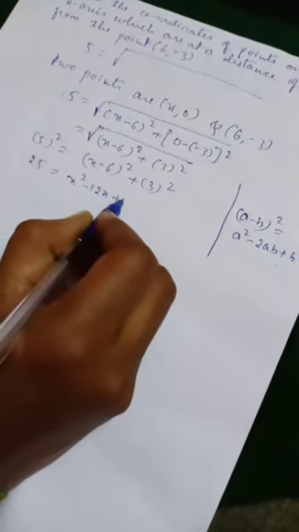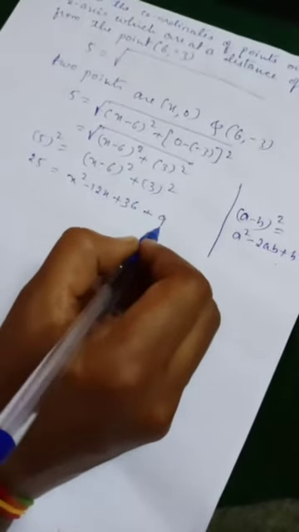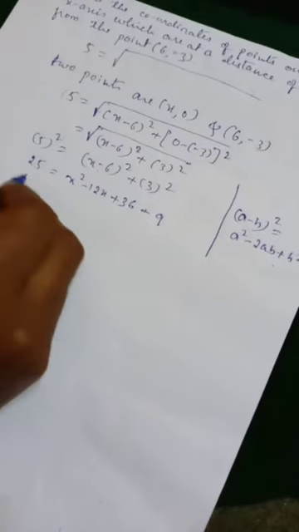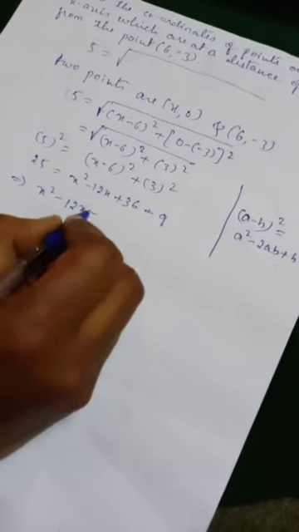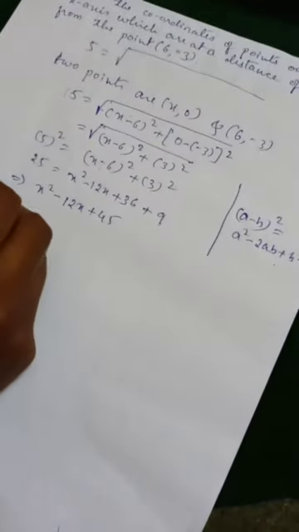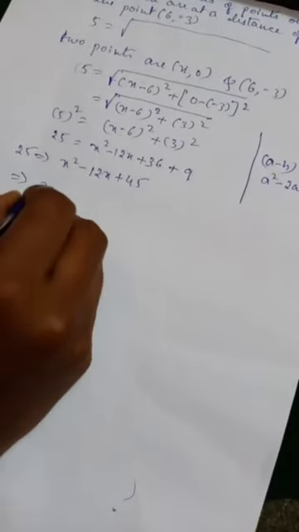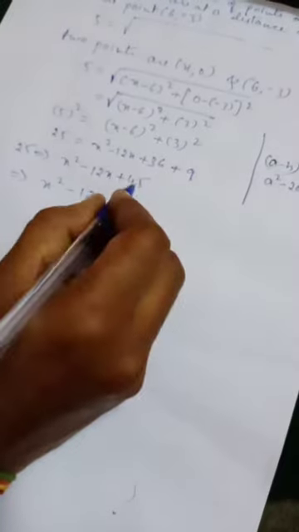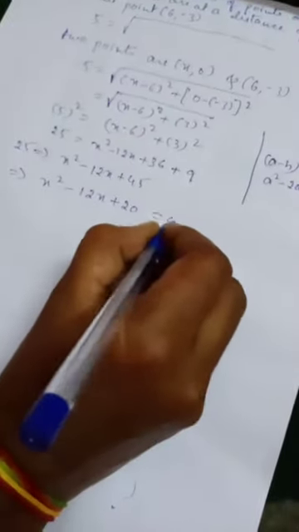That is x square minus 12x plus 6 6s are 36 plus 3 3s are 9. So this implies x square minus 12x plus 45. So this 25 is equal to 45. Now x square minus 12x, 45 minus 25 is 20, which is equal to 0.